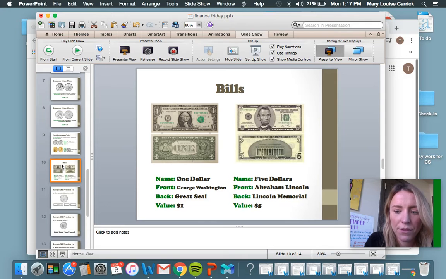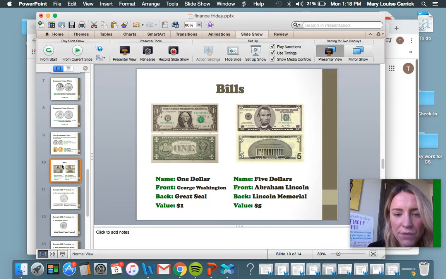We see the whole front part of his face here and his lovely white wig. And then on the back is our Great Seal. So it pictures a pyramid as part of the seal, and then the other part is an eagle and that shield there. And then it has a big 1 on the back for $1, and you can see the 1s in all of the corners.